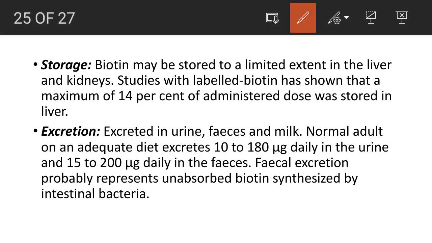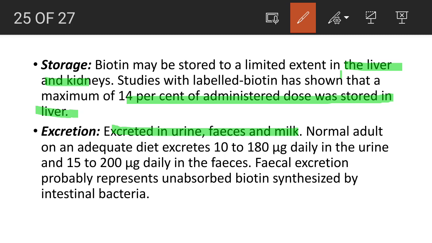Biotin may be stored to a limited extent in the liver and kidneys. Studies with labeled biotin have shown that a maximum of 14% of the administered dose was stored in the liver. It is excreted in urine, feces and milk.